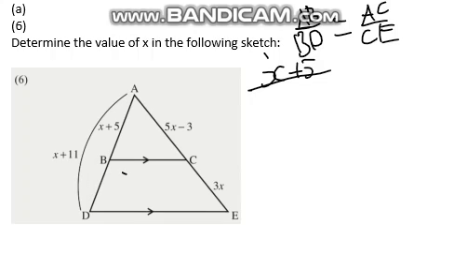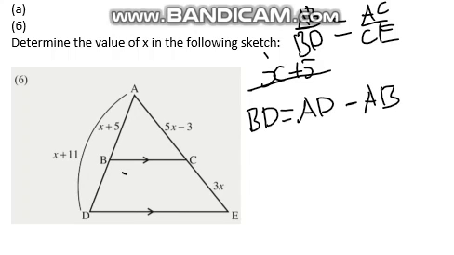So we continue, going to say BD is equal to AD minus AB.